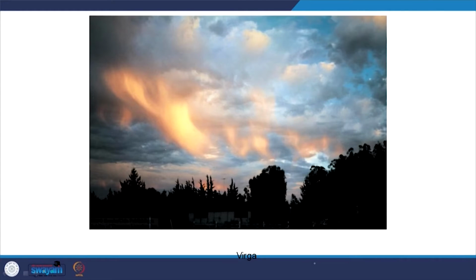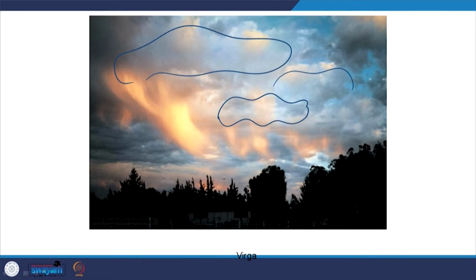So, this is how it looks. These clouds are, of course, precipitating. I mean, the cloud is unstable. So, the very tiny droplets are growing into large droplets to be able to be pulled by gravity.